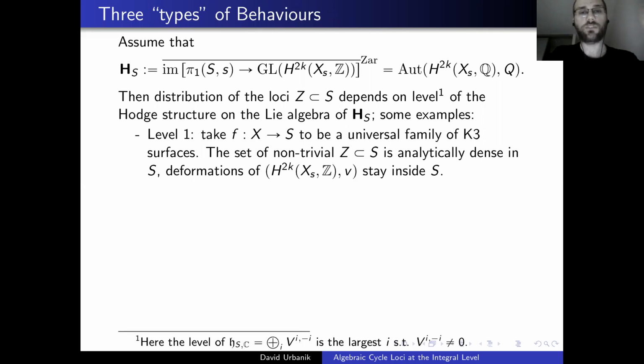And in this situation, the set of all such loci Z, which essentially correspond to the loci where the K3 surfaces acquire additional line bundles, is analytically dense in S. So these loci Z are basically everywhere in an analytically dense way.